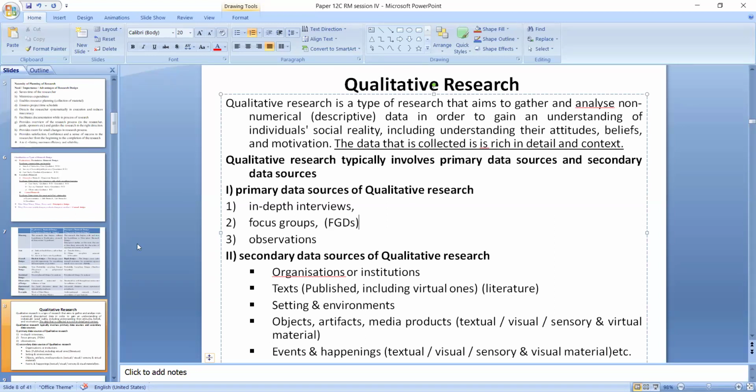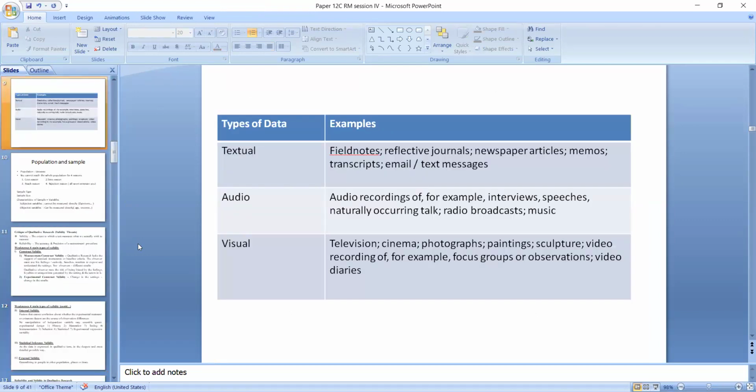Okay. So we are talking about qualitative research, which can be done through interviews, observations, and secondary data analysis. When we talk of qualitative research related secondary data, what more can be there? Some details are here. So textual data, some notes, some diaries, some articles, some memos, messages, and n number of things.